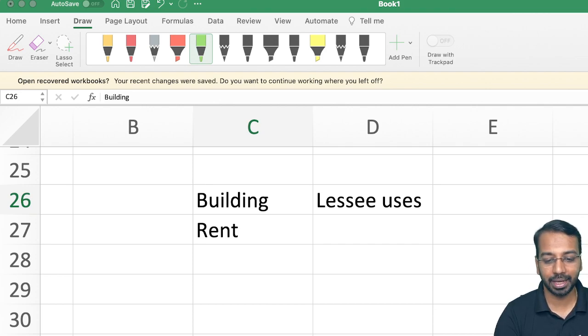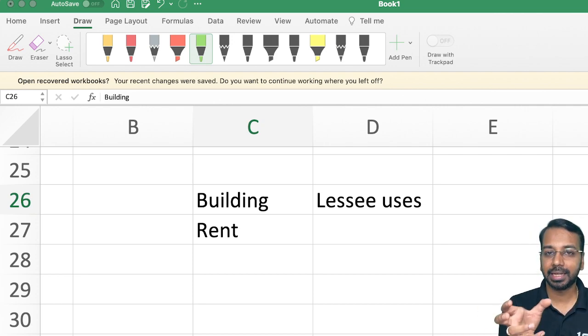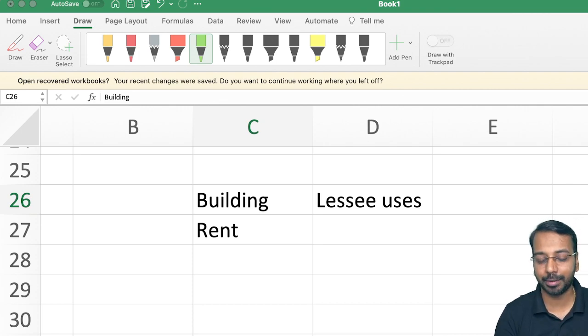So there could be subleasing, sometimes byproducts, sometimes assets, the primary output, most of the time goods and services. All of these are economic benefits, and those economic benefits should be enjoyed by the lessee.